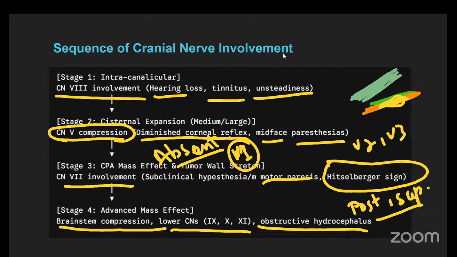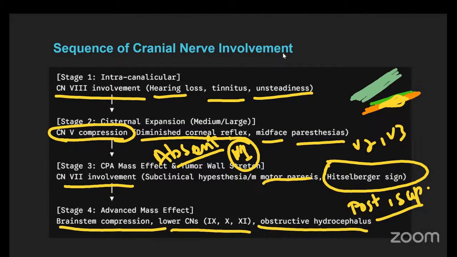So depending on the stage, or if I put it in this way, depending on the size of the tumor at which the patient has presented, your presentation is going to vary a lot. Sometimes you are going to get patients who have nothing going on apart from hearing loss, and then you will have to figure out what is the cause of hearing loss.